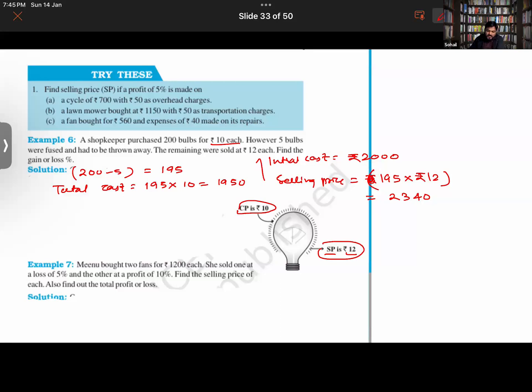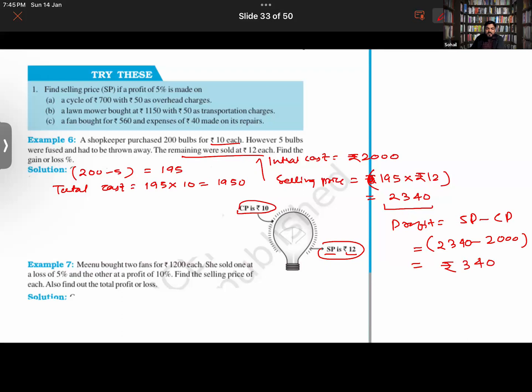So talking about whether he is having gain or loss, he is still having a profit. So 340 rupees is the profit here. You find profit by selling price minus cost price, that is 2340 minus rupees 2000, which gives the profit amount, rupees 340.